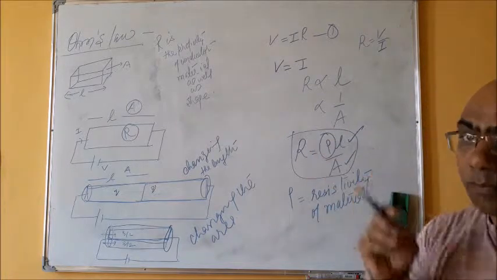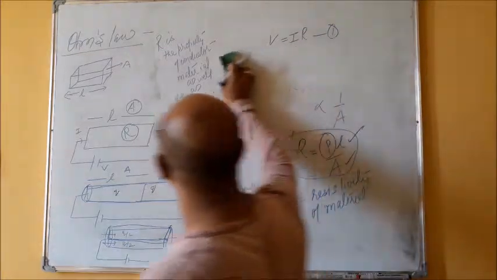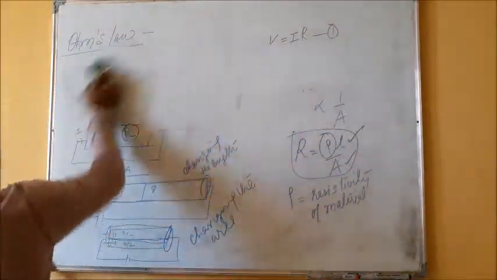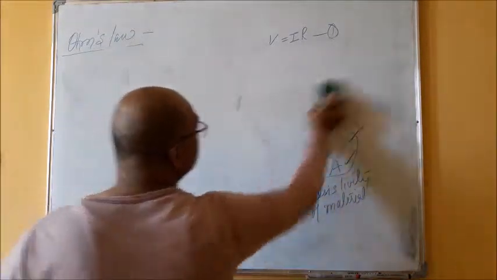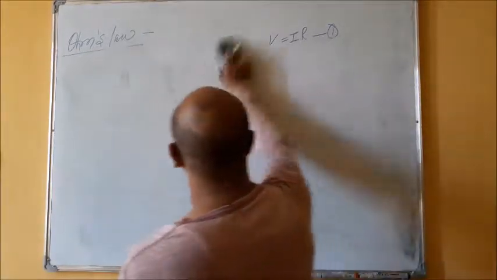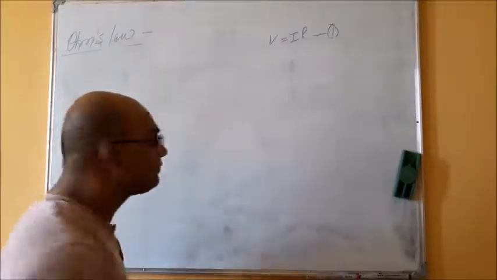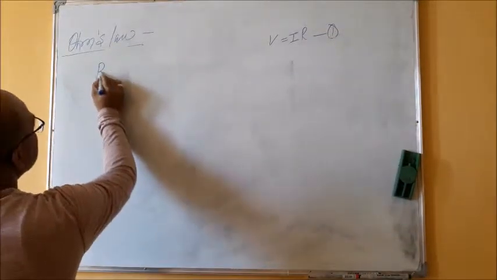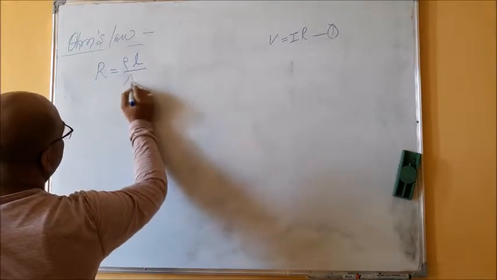Rho is what? Property of the material. So this means we can write here, yes, R is given by rho L upon A.